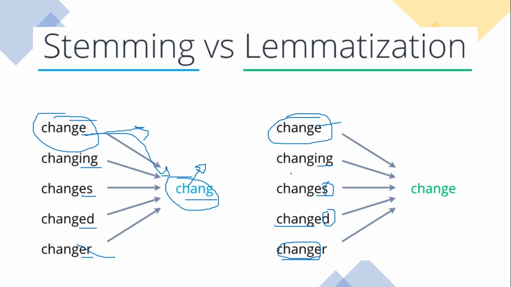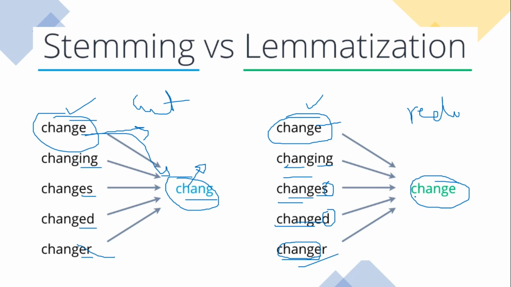And these "changer", these all will be reduced to the word "change". So stemming tries to cut the word, and lemmatization tries to reduce the word. So there is a loss of information in the case of stemming, but there is a gain of information in the case of lemmatization, because if these words are occurring in a document, since we did lemmatization, all these words have been reduced to the word "change".